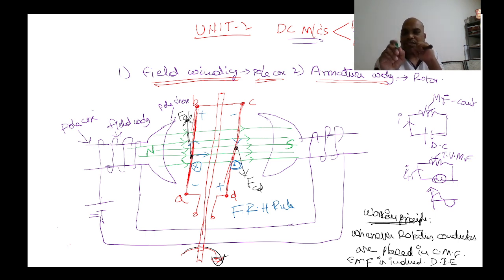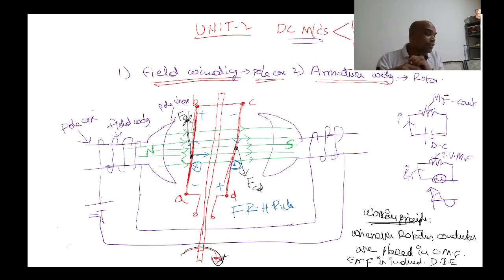Now which type of EMF is induced? Dot. Previously this one was cross. After half a rotation, this one is dot. If cross is positive, dot is negative. Now which type of EMF is induced? Negative. In this direction, it was positive, and after half a rotation, now it is negative.